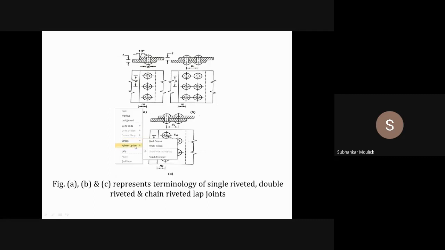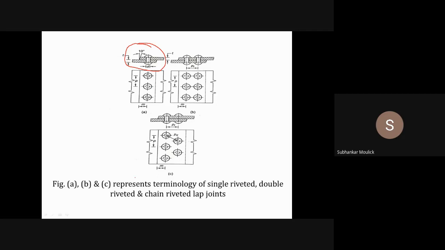If I see in the first diagram, this is a single riveted lap joint. In this joint, there is no back pitch or transverse pitch present.